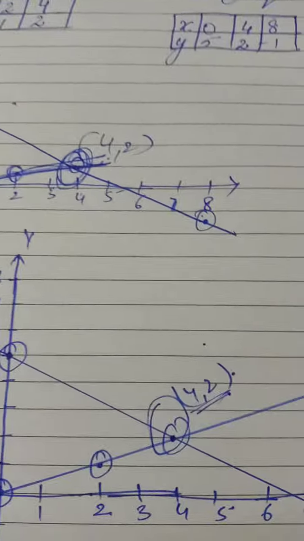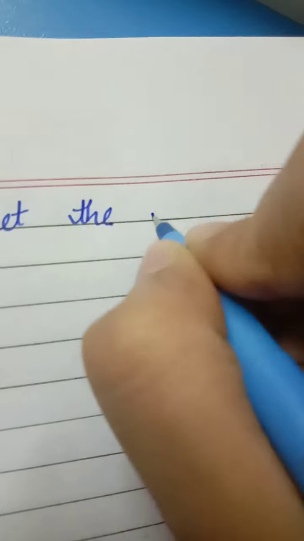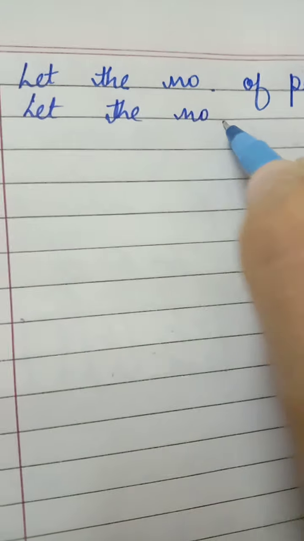Okay, let's move to our second example. The example states that Romila went to a stationery shop and purchased 2 pencils and 3 erasers. Let us write our first statement as: let the number of pencils be x, then let the number of erasers be y.